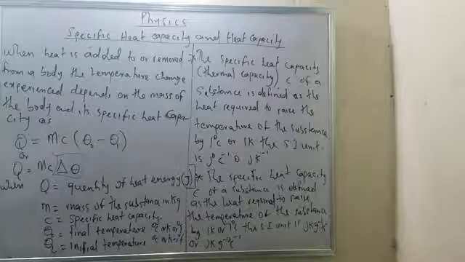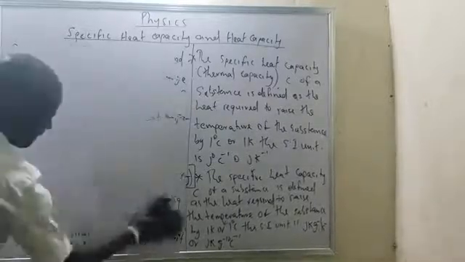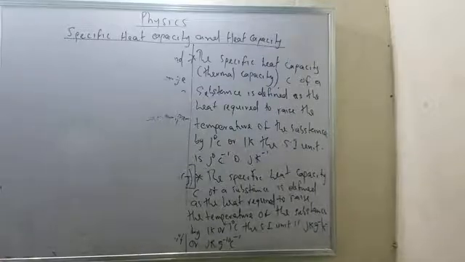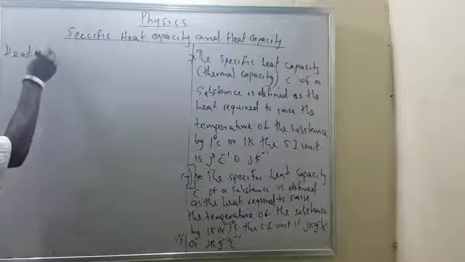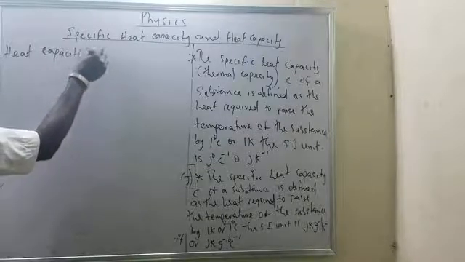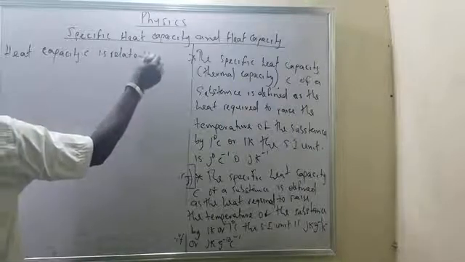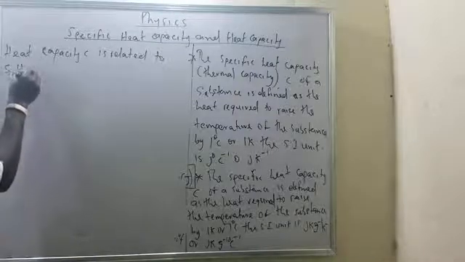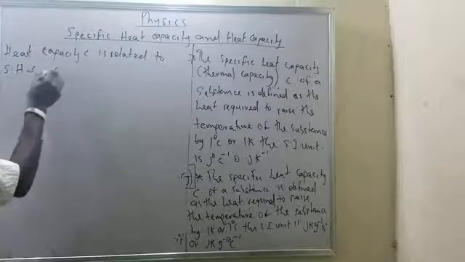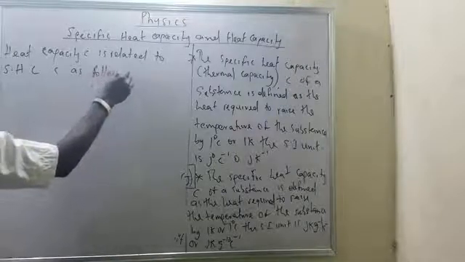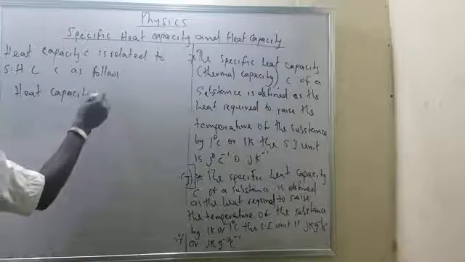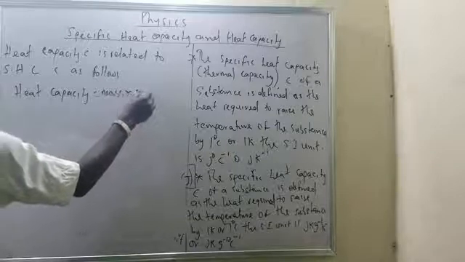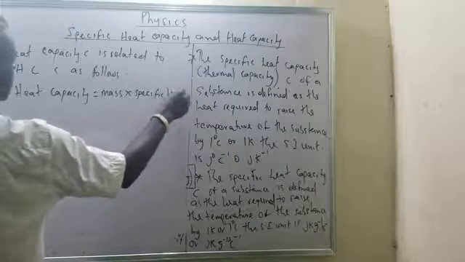Now, I want you to understand that heat capacity C is related to specific heat capacity as follows: heat capacity equals mass multiplied by specific heat capacity.